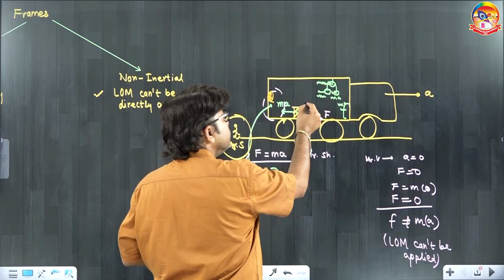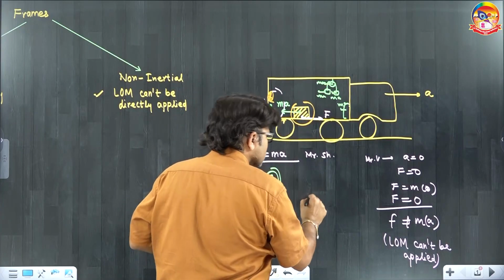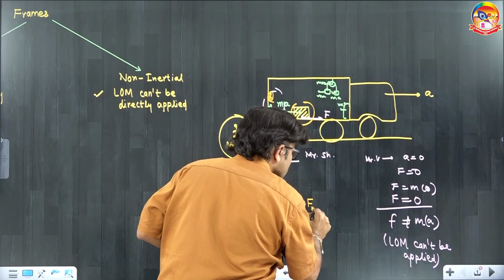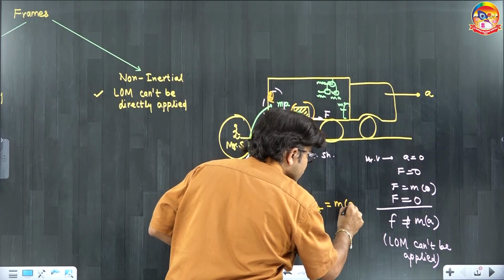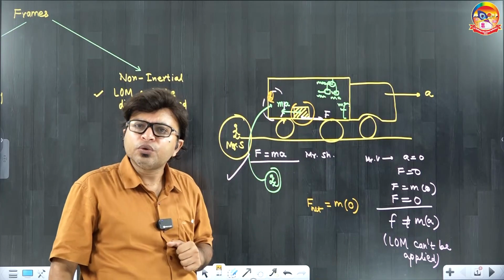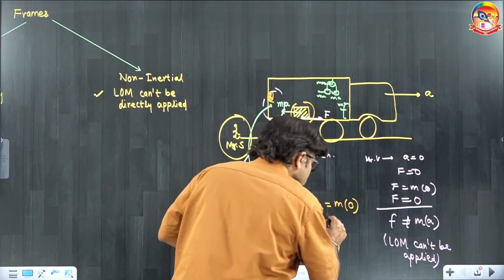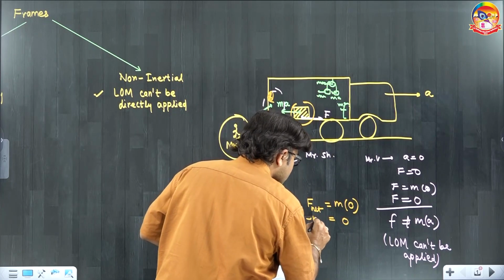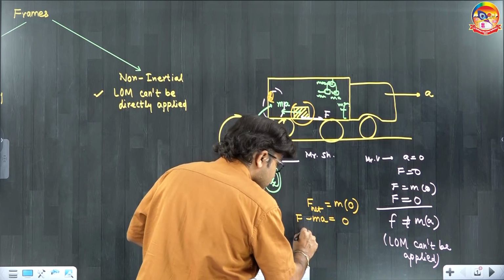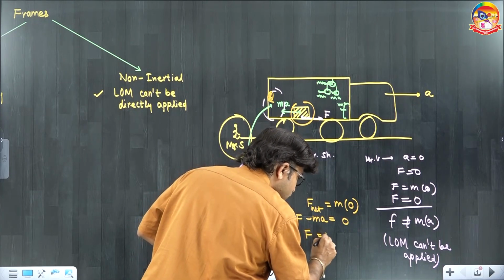So according to him, what is the net force on the block? Net force is equal to mass of the body into acceleration, which he observed as 0. So net force is 0, and if the net force is 0, that means F minus M into A is equal to 0, or F is equal to M into A.